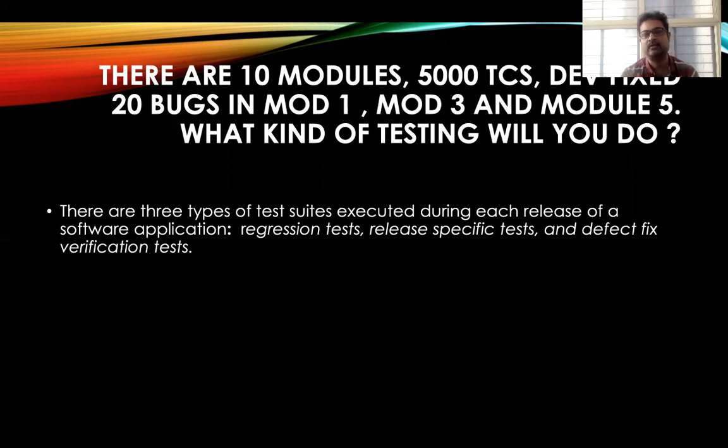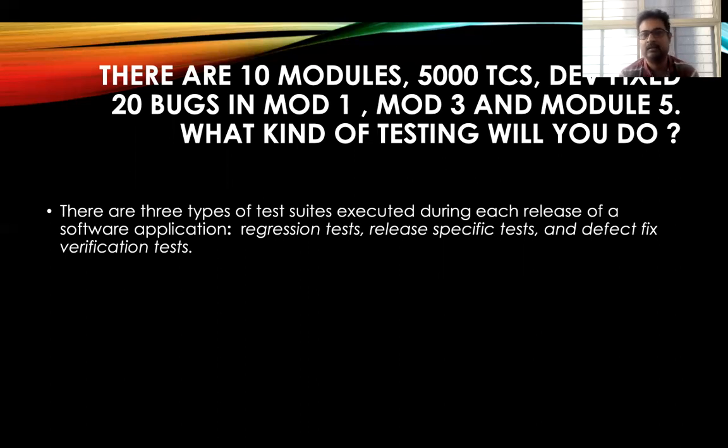Now, the thing is how we are going to pick the test cases, because there are 5,000 test cases and we cannot execute all of them, because it needs a lot of time. Every week, or maybe every alternate day, there is some release happening with some bug fixes.